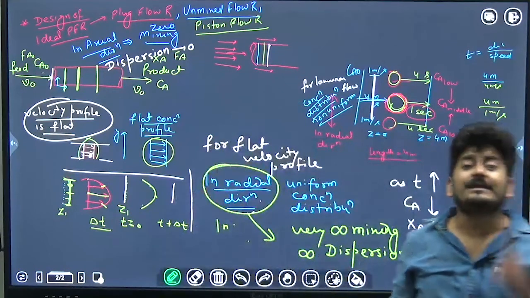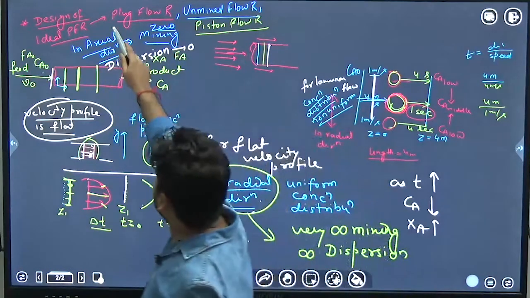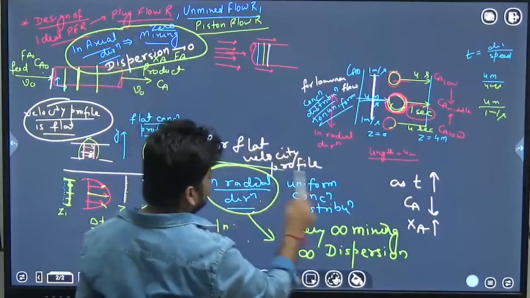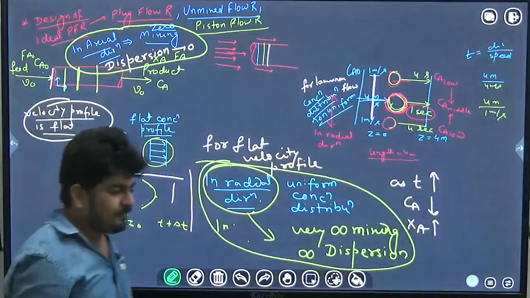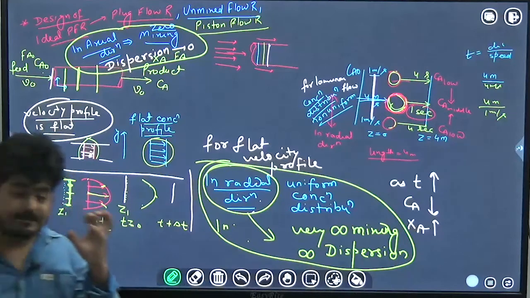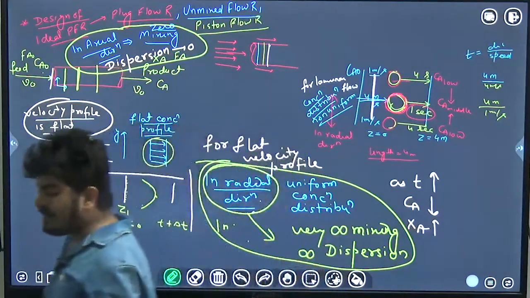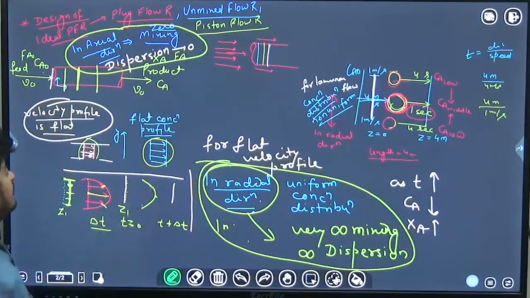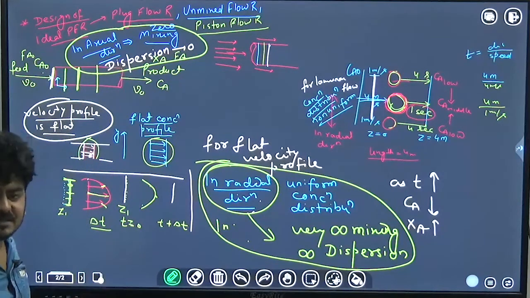So this is one main characteristic of the PFR, that in the axial direction, mixing is zero, dispersion is zero. In the radial direction, mixing is infinite, dispersion is infinite. Okay guys, so this is one very important and main characteristic of the PFR. And in case of ideal PFR, every vertical layer will have a different concentration.